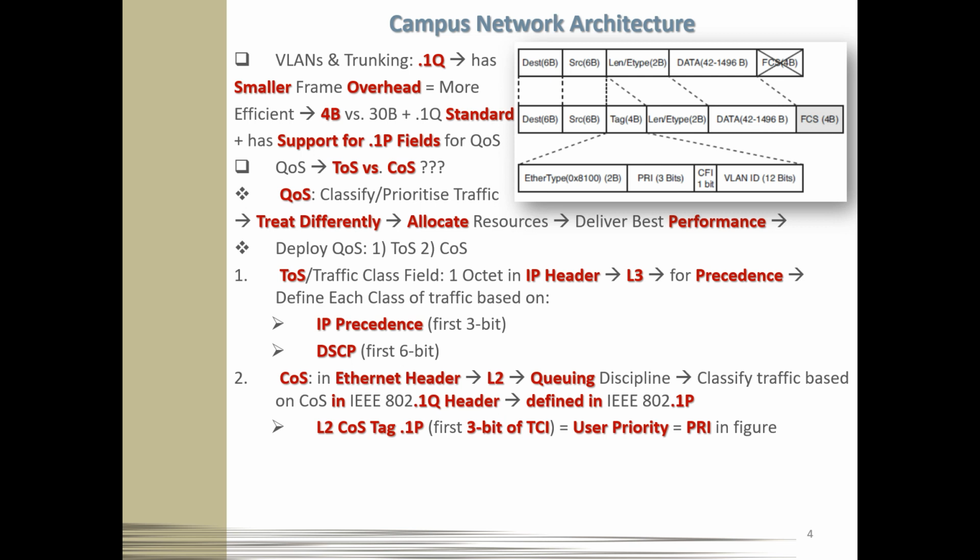Earlier RFCs suggest that the first 3 bits contain the IP precedence value. Later RFCs say that in case of differentiated services, the first 6 bits are called DSCP in the IPv4 TOS octet or IPv6 traffic class octet.